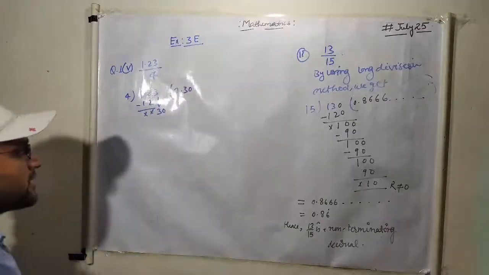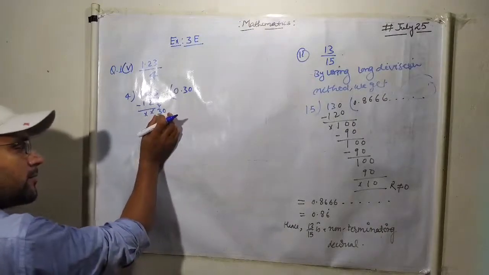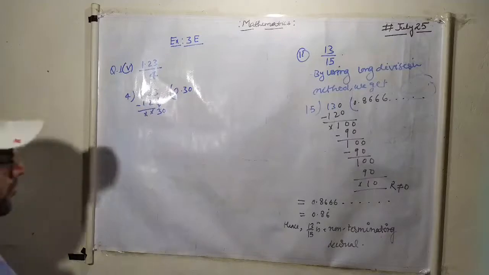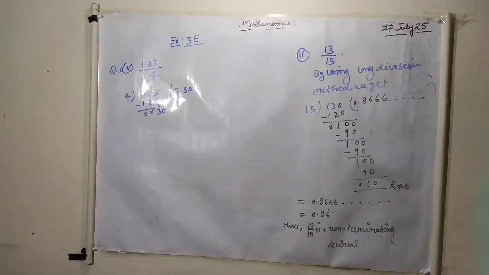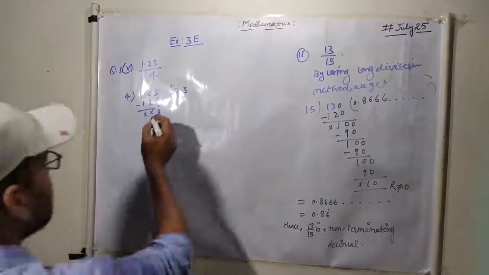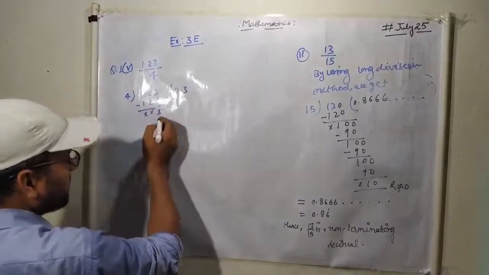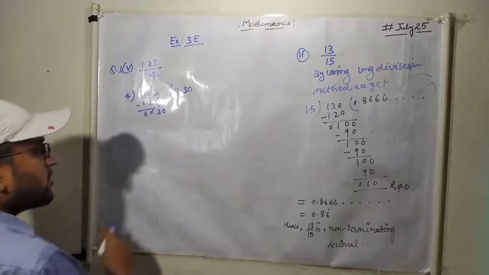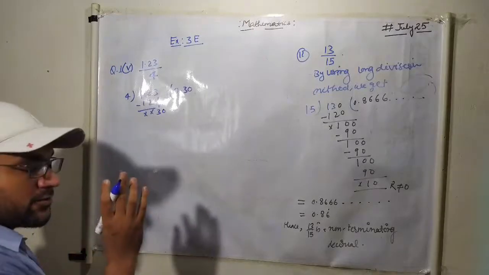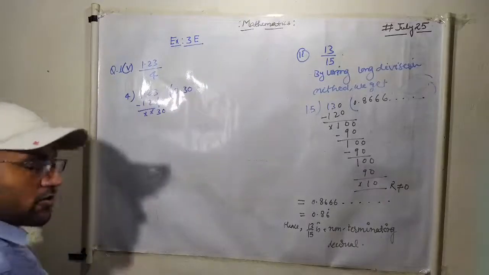Here also you can add a 0 because you have taken 2 terms at one time. So take 1 zero here, making 30.